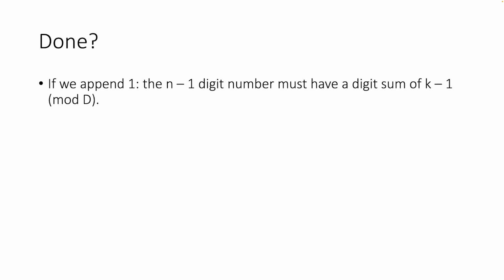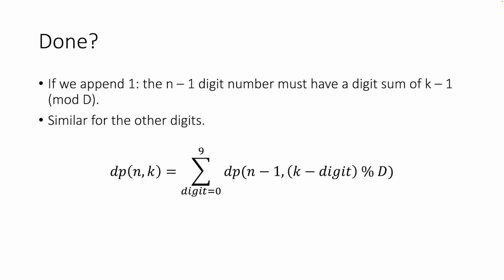That is, if we want to end up for the n-digit number with a digit sum of k mod d. And a similar reasoning applies for the other digits as well. So our recurrence will be dp of n,k is equal to the sum over all digits from 0 to 9 of dp of n-1 and (k minus digit) modulo d. This will cover all cases for all the digits.